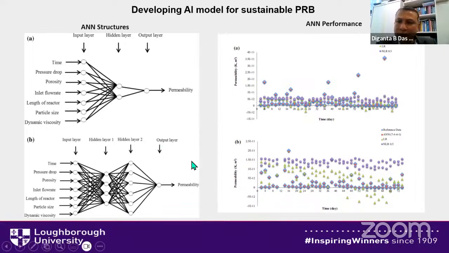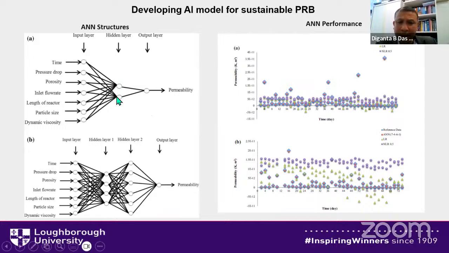What you see on the slide is two ANN structures. I don't know how much you know about ANN. ANNs basically mimic the human brain. You have neurons, a layer of input data, which are the independent variables, the main key parameters, some hidden layers of neurons, and an output.